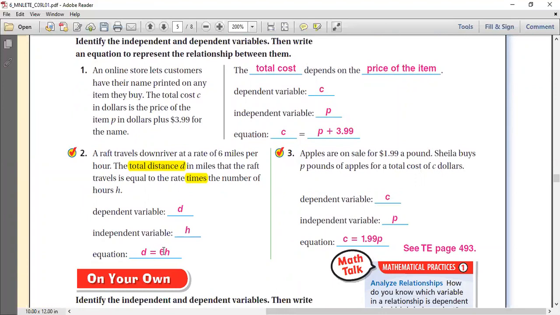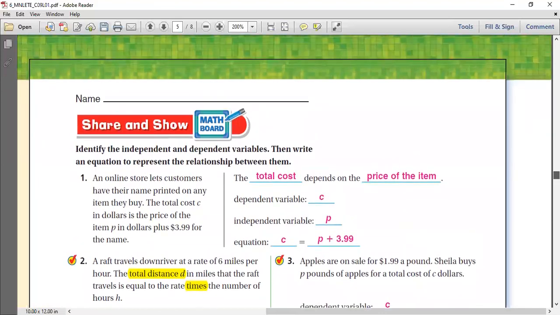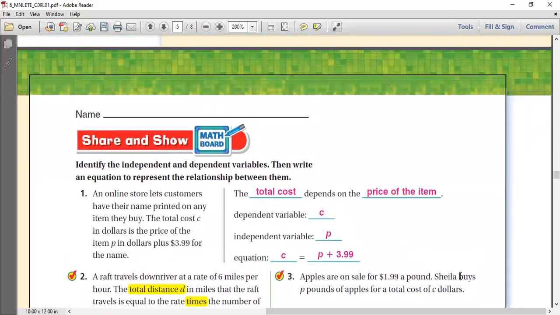Okay, so question number 3. Apples are on sale for 1.99 a pound. Sheila buys P pounds of apples for a total cost of C dollars. Again, total. The total of something is always dependent. So here, which is the dependent variable? The total cost, which is C. So C is dependent, right?